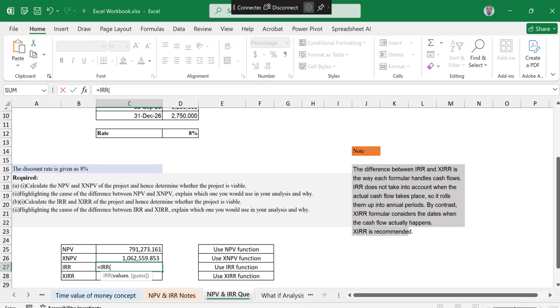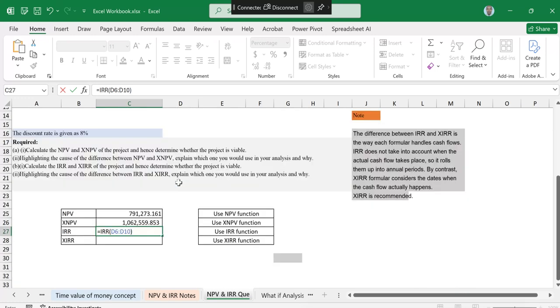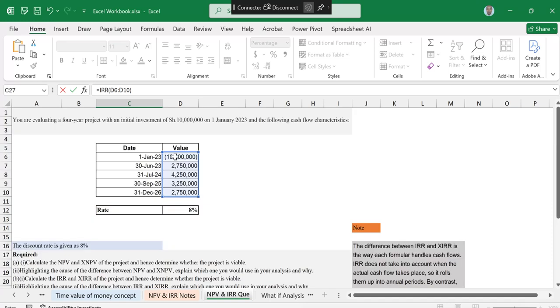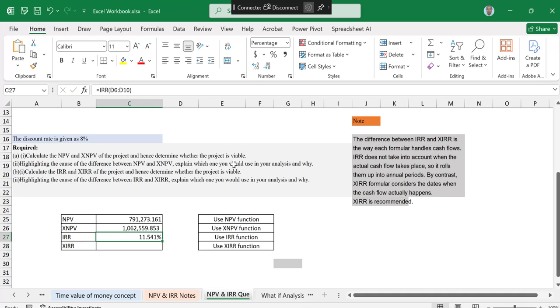Remember, IRR is the internal rate of return, that is the rate of return that gives you 0 NPV. So you take the values from the outflow all the way to the inflow. Then close the bracket and enter. You don't use the rate when doing IRR. So from D6 to D10, and the answer is 11.541.